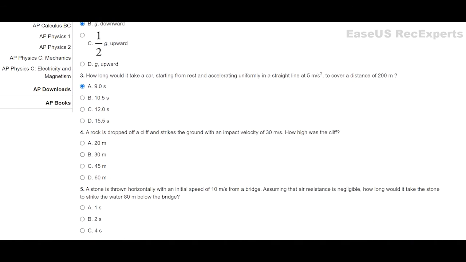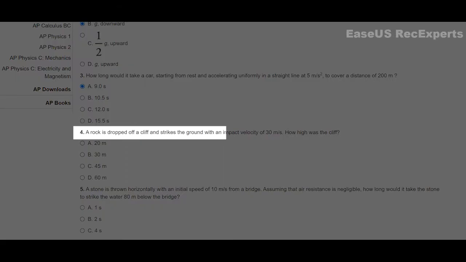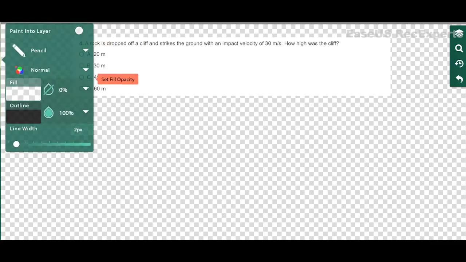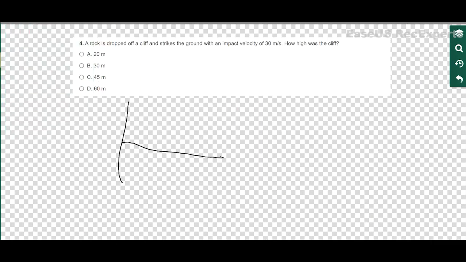Alright, now a rock is dropped off a cliff and strikes with an impact velocity of 30 meters per second. So we can use another velocity graph for this question over here. Now, when you see dropped off, you're assuming that the initial velocity is equal to 0, once again.